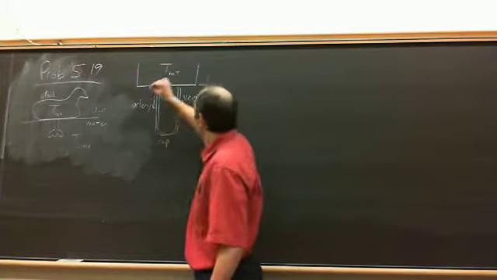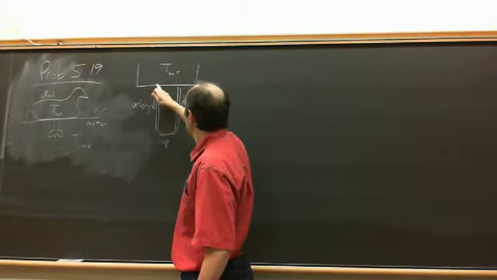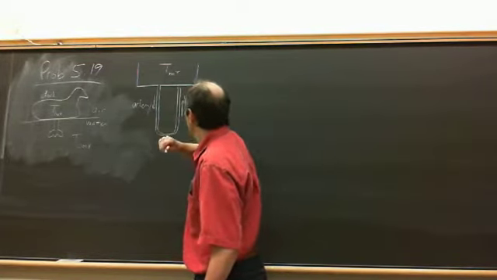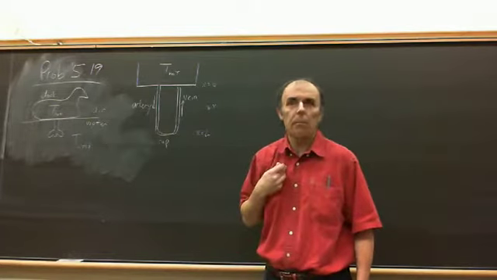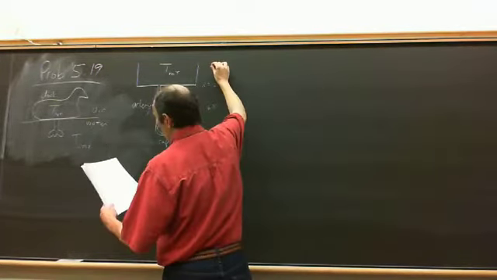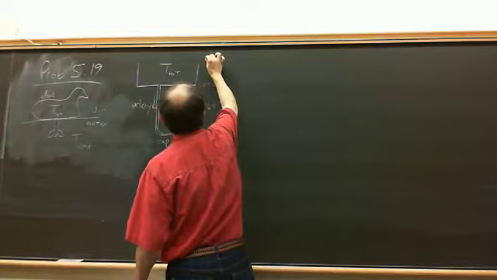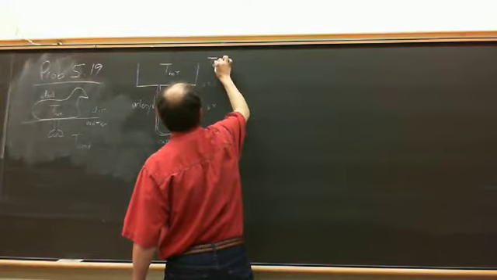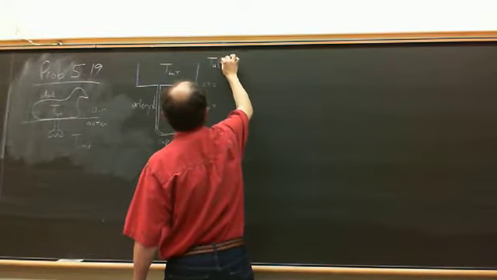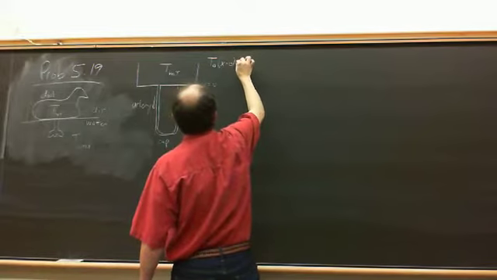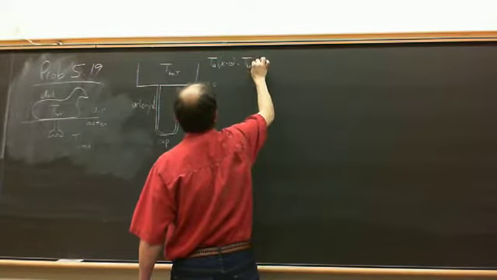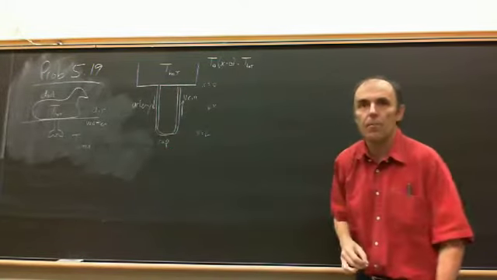The temperature of the blood as it enters this artery is going to be the same temperature as the body. We're going to keep track of the arterial and venous blood temperatures. So TA at X equal to 0 is T hot. That's our assumption, that's the boundary condition.